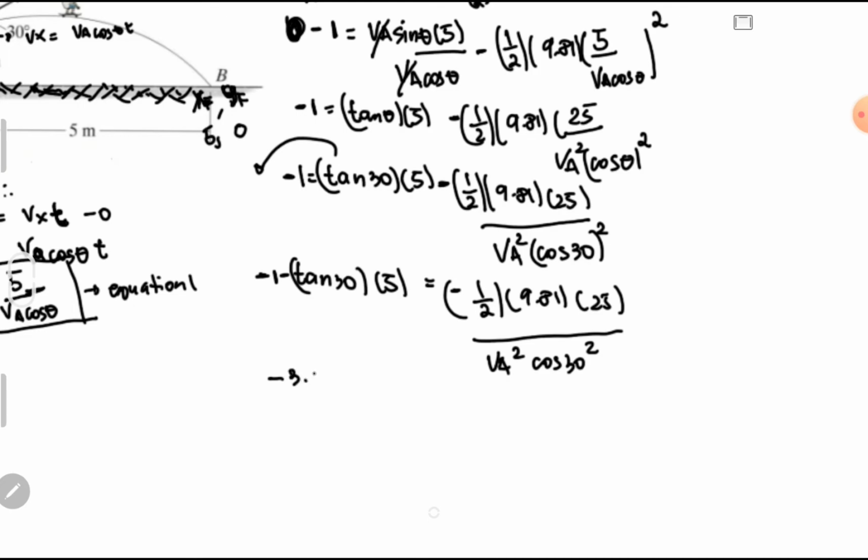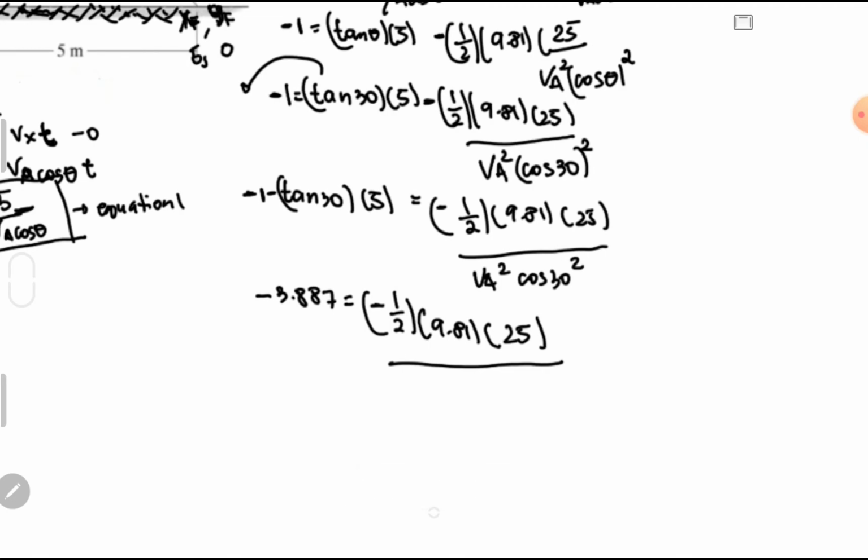Just store the value you get in your calculator. Okay, for convenience, shift store at A, which is equal to negative 1 half multiplied by 9.81 multiplied by 25 divided by our va squared cosine 30 squared, right? So therefore, cancelling out your negative sign, we'll have a value of your va equal to the square root of the value.